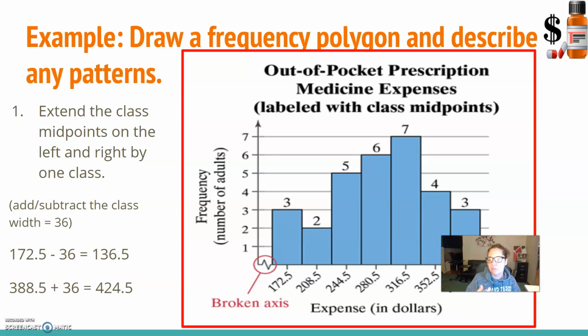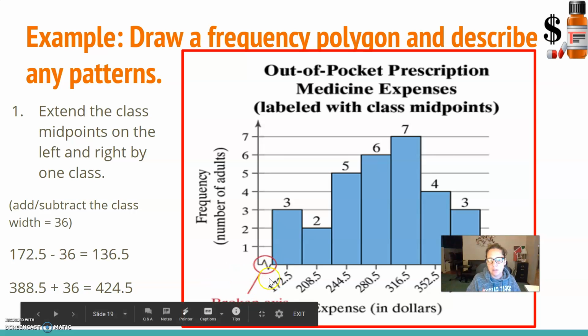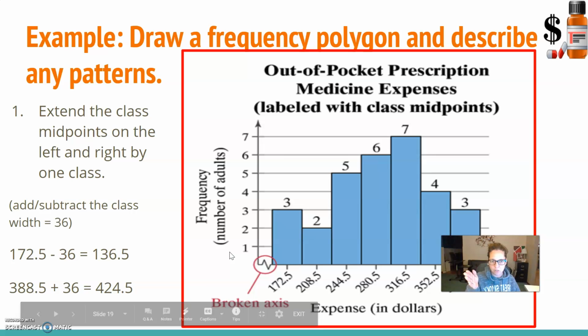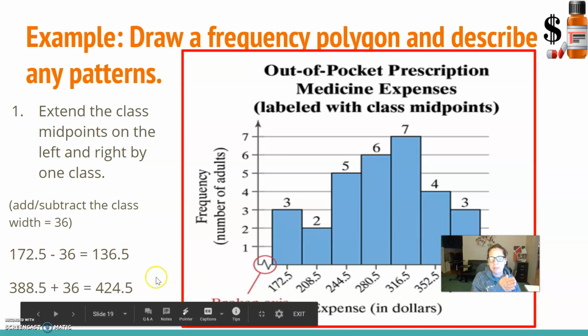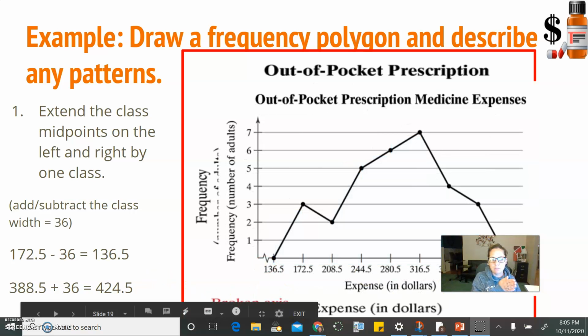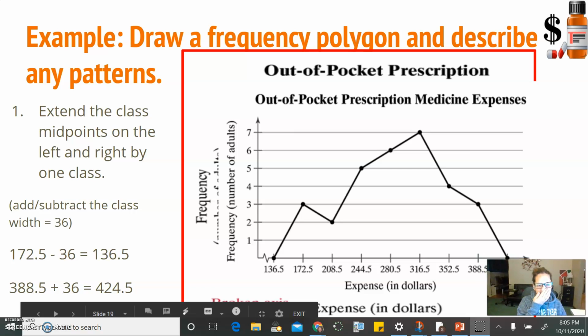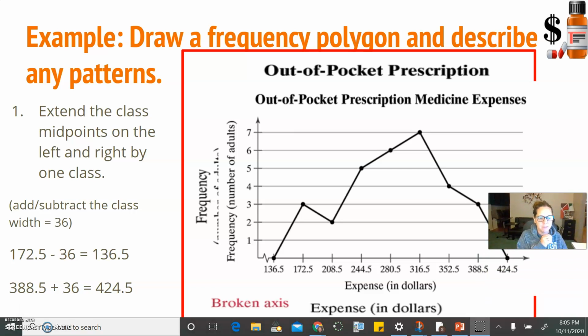So our class width was 36. I'm going to go left, meaning subtract 36 from this 172.5, and I'm going to go right, meaning add 36 to this 388.5. And that's going to give me my new midpoints that I need to include on here. I'm trying to get my face out of the way.